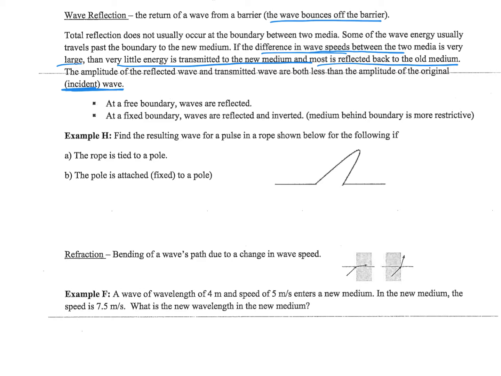All right, so if it is going this way, can you tell that it's moving that way? How? Because the crest is moving that way, isn't it? So then what's going to happen to it traveling back? It's going to go the other way, but is it going to be inverted? No. So if we were to draw this, we would simply draw it going back this way. Now, what about if it's attached or fixed to a pole?